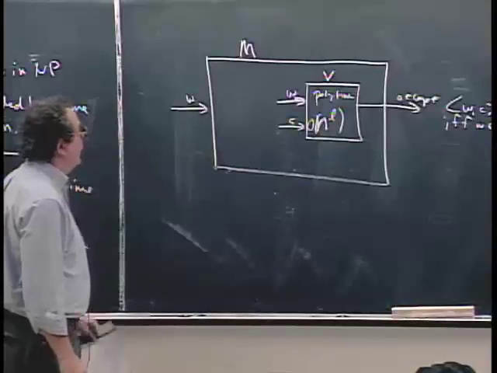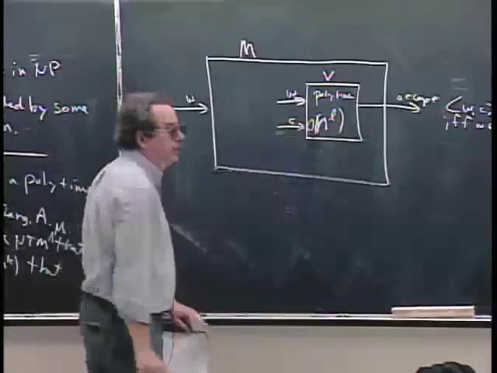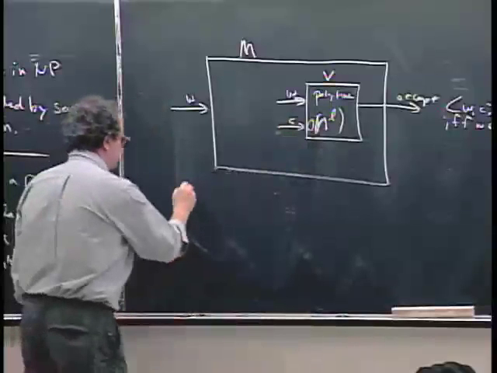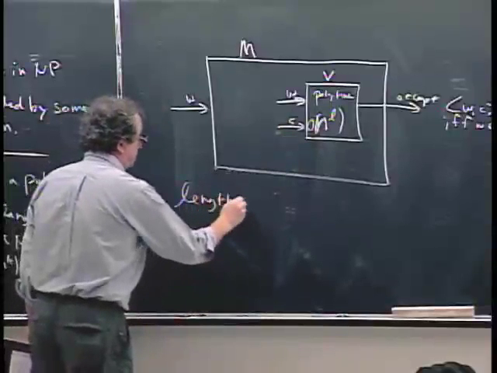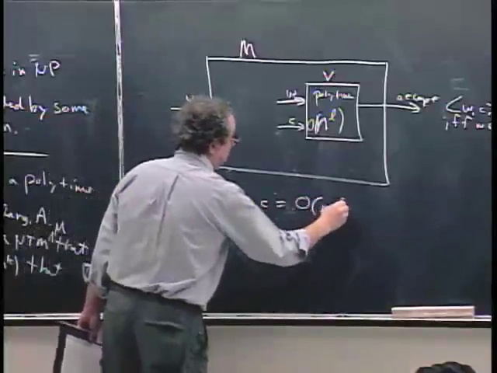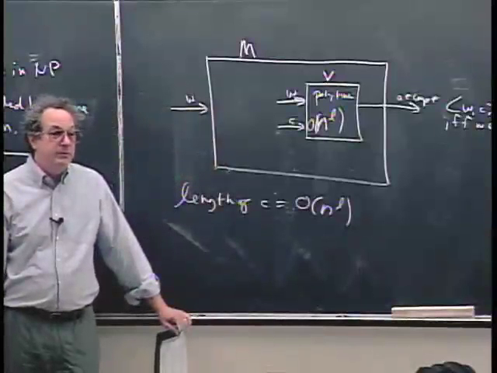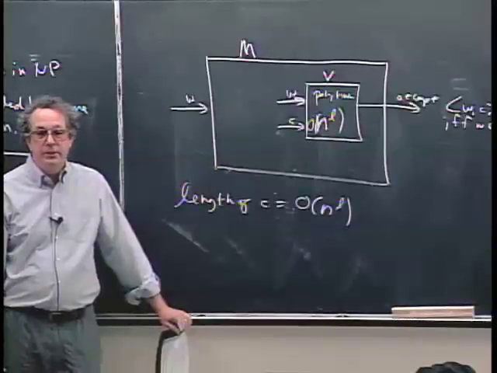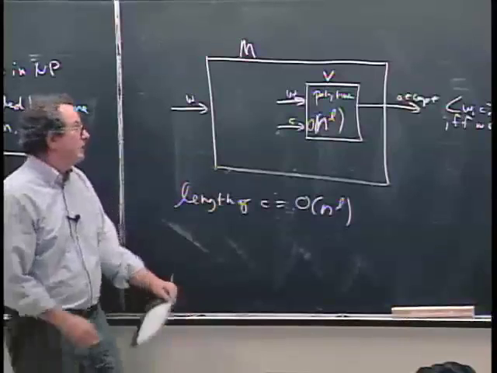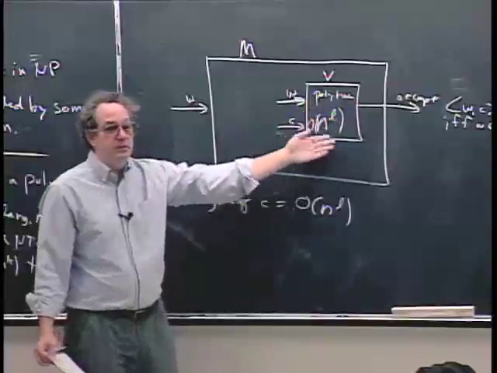I mentioned before that the length of C better be bounded by N to the L too. There's no loss in assuming that, because the verifier only has N to the L time. That's all it can do.